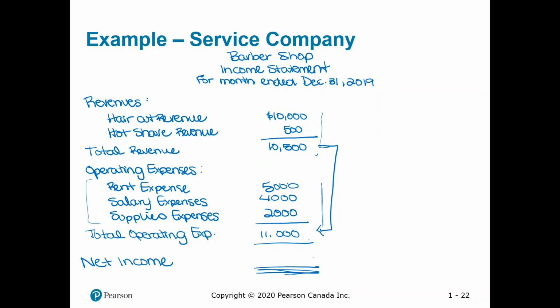If we take the $10,500 of revenue minus our $11,000 expenses, we now get a negative number. And in accounting, you'll typically see those in brackets. So whether they're square or round brackets or how I did them with a point, whichever, it doesn't matter. But in brackets means it's a negative number. And in this case, this would say it's a net loss. So our barbershop actually lost money this month rather than having any income.